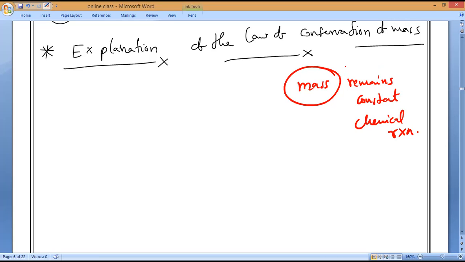So we can say that during any chemical reaction, the number of atoms of each element on the reactant side and product side remain same or different? Mitakshri, Akilan, that is my question. Everybody? Remain the same, sir. So that is the explanation given by Dalton's atomic theory.